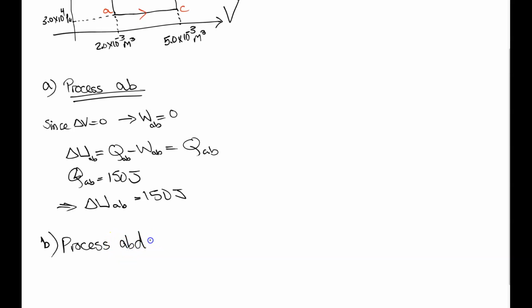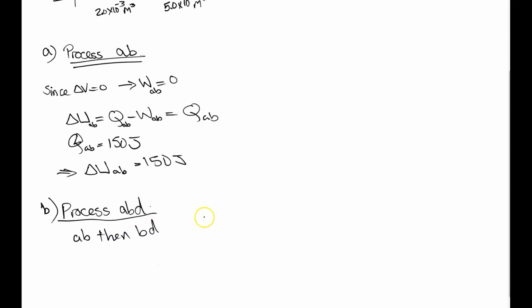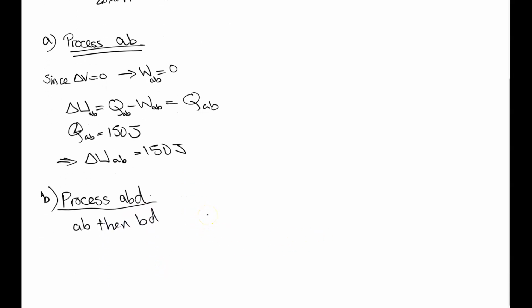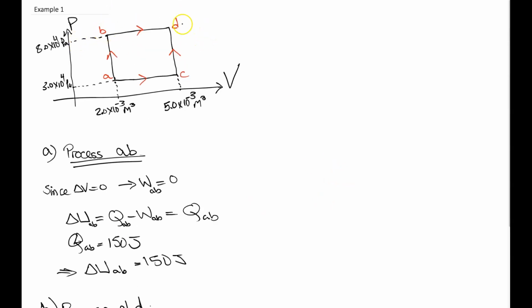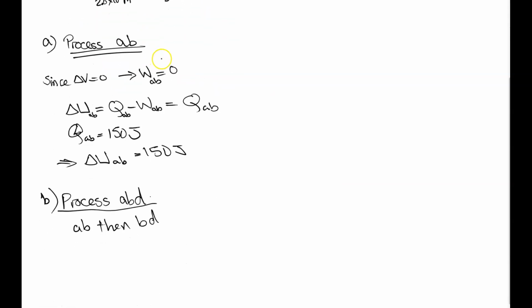Notice that we can think of process ABD as from A to B, then B to D. From B to D, we have an expansion under constant pressure. If you look at your diagram, from B to D the pressure is constant, the volume is changing.